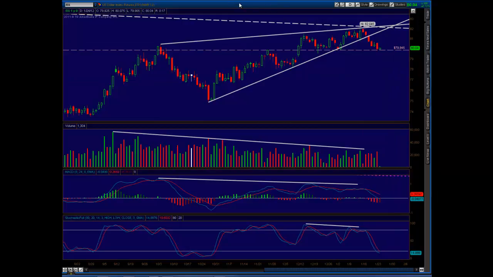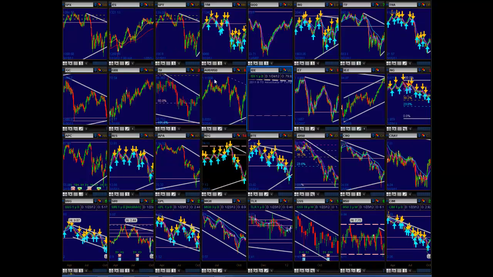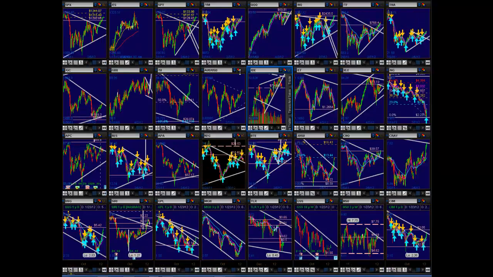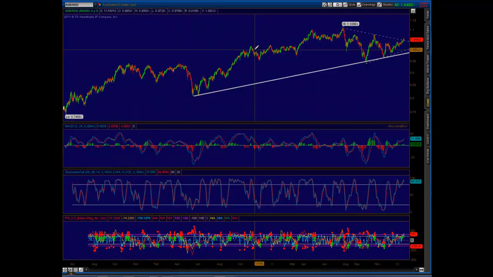Another chart that's giving me an indication of what's going on in the currency markets is the Aussie dollar. Here it is, the Aussie dollar against the US dollar.